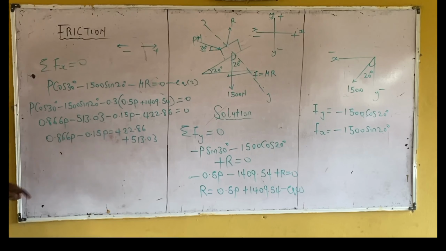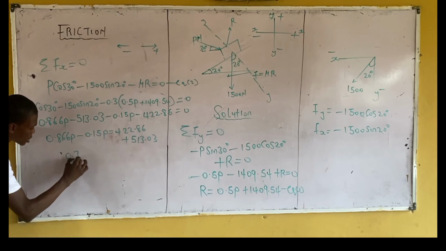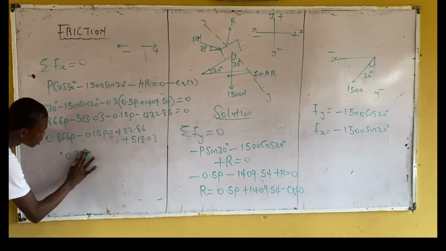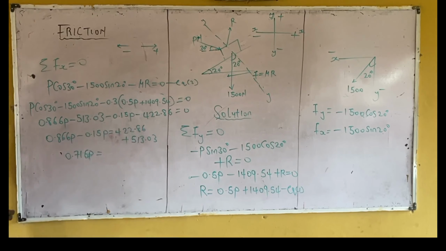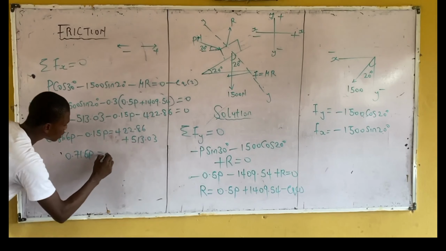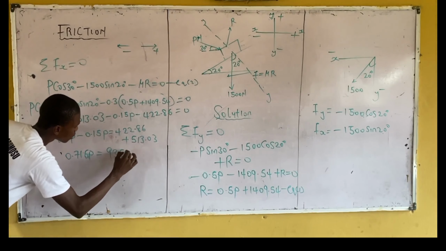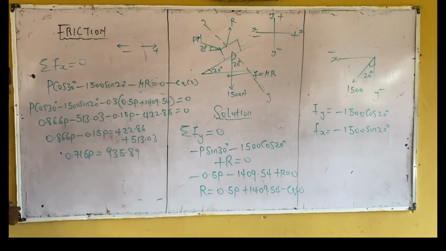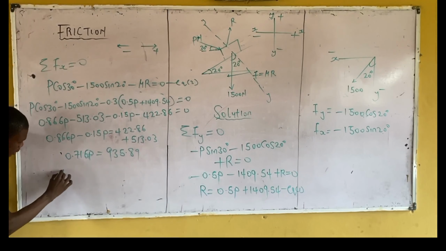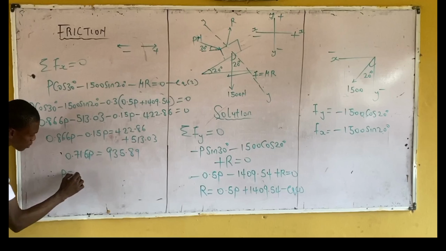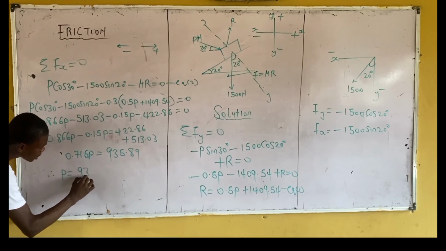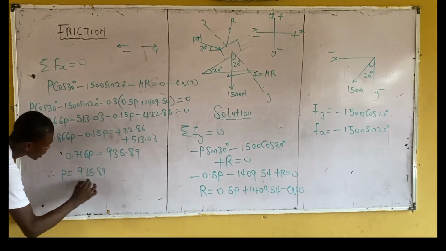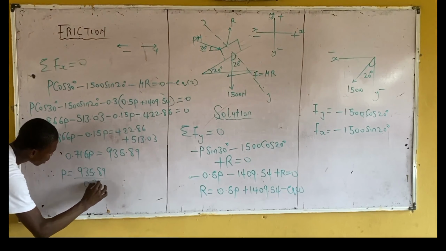This subtracted from that, 0.716P is equal to the addition of this, 935.89. Therefore, P is equal to, divide both sides by 0.716: 935.89 divided by 0.716.